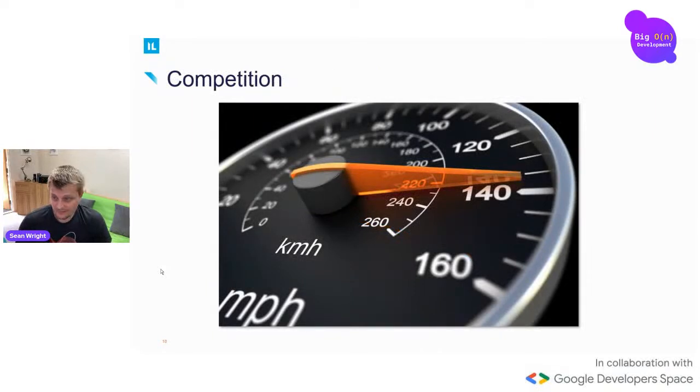And then on the other side, you also have competition. This is where the need to deliver things faster and faster and stay ahead of your competitors is becoming more and more of a thing. I've certainly noticed it in the last few years. If you're not innovating and delivering things quicker than your competitor, you're going to be left behind.